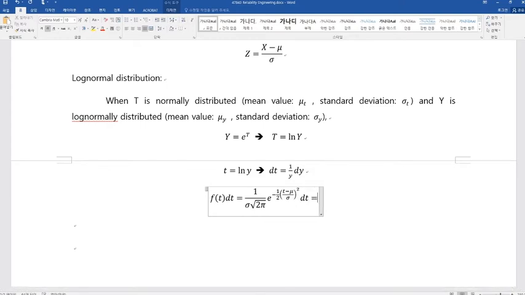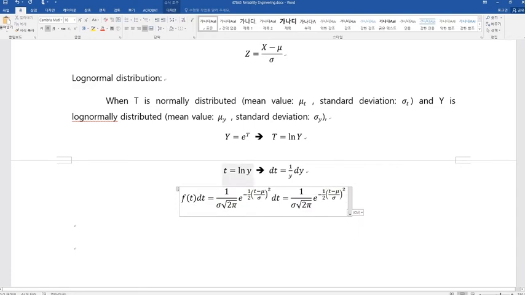And if we want to derive the relation for y instead of t, then of course t will be same with the log of y. So the basic relation would be almost equal.